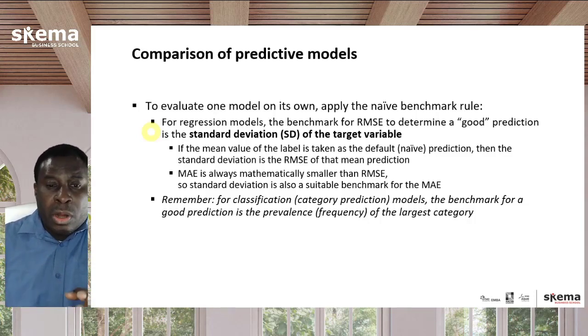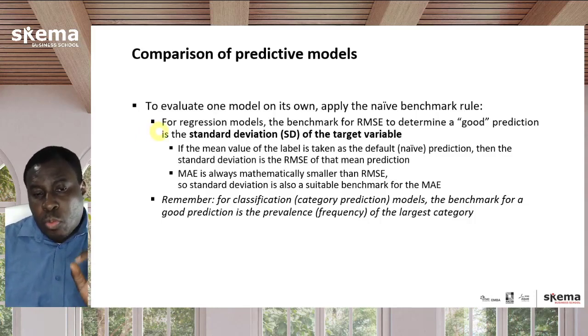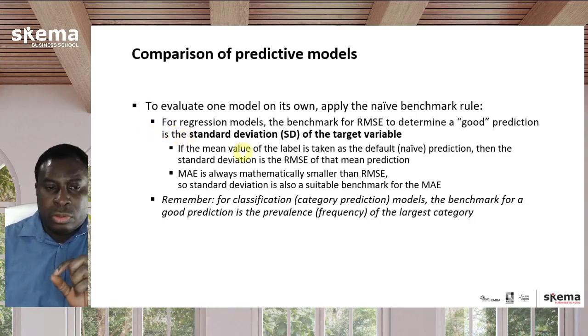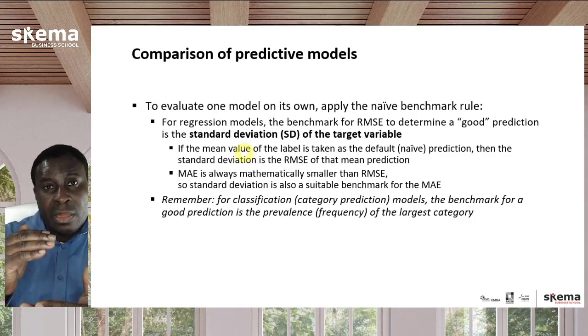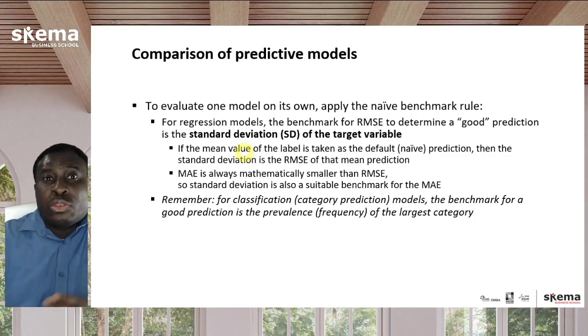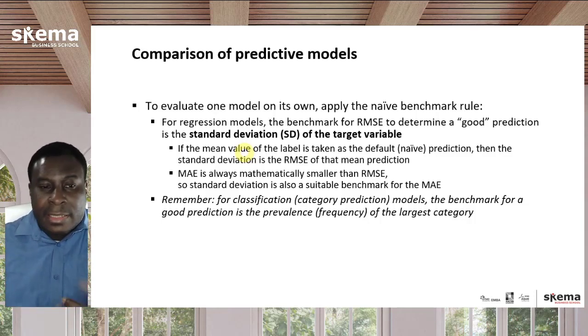The RMSE formula is actually quite analogous to the standard deviation. And so generally speaking, an RMSE, that is the error of the predictive model, should be less than the natural range of error in the data set.